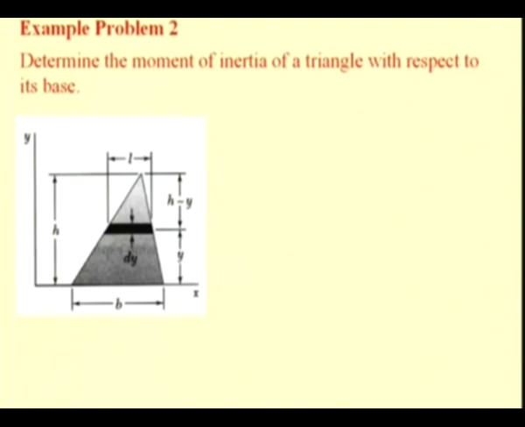So, if h is the height of the triangle, then we have these dimensions, that the vertical height of this strip from the base is y. So, the remaining distance is h minus y, and if we have B as the base of the triangle, then we have to determine what will be the length of this strip at this height of y.